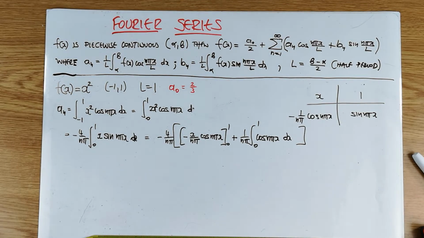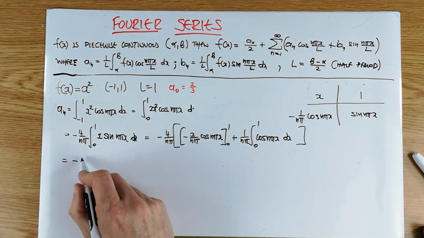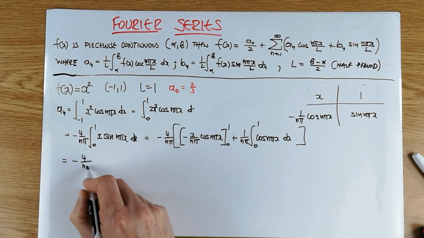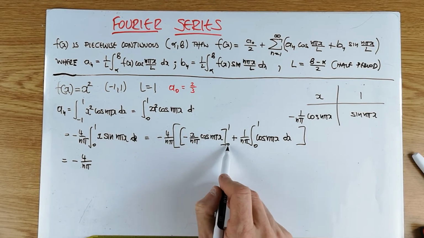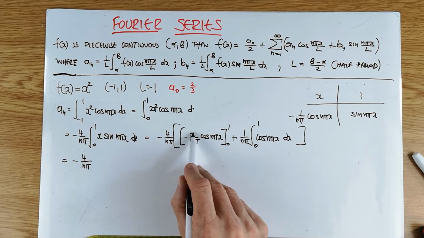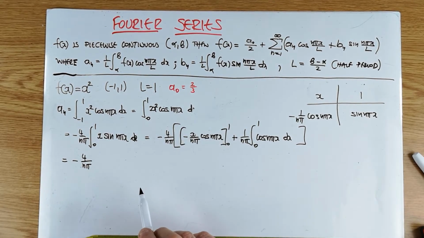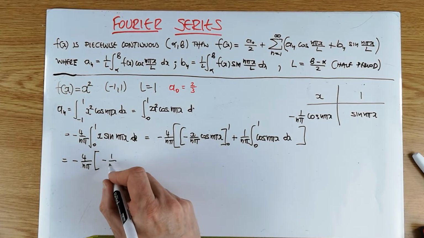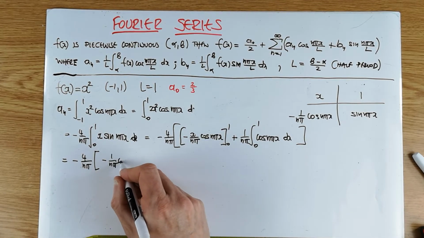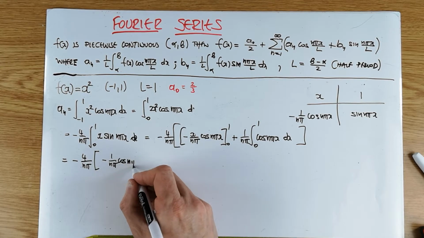Okay, what happens next? Minus 4 over n pi. When we're putting 0, first of all, it will kill this because of the x. But on 1, it's still going to have a contribution. It's going to be minus 1 over n pi cos of n pi.